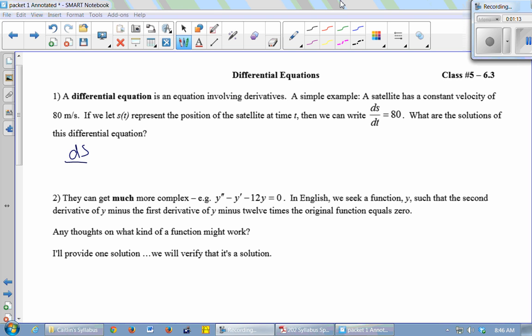So if ds/dt is 80, then the solution of this differential equation is the function s of t equals 80t plus c. So the solution to a differential equation is a function as opposed to a number, right? All the equations you've solved in your life, the solutions were numbers. Now, when we solve differential equations, they're equations that involve derivatives, and the solution is a function that makes the differential equation true.